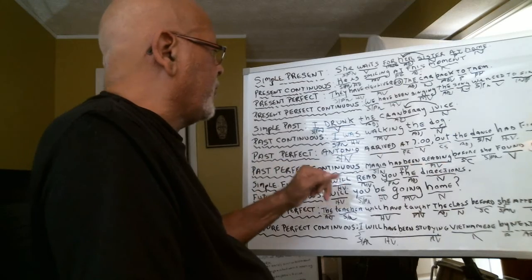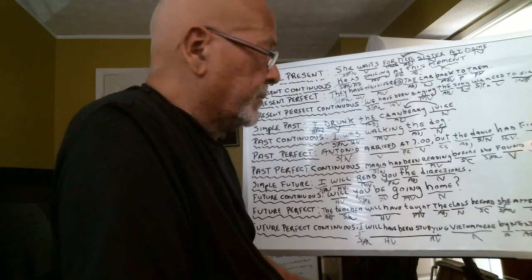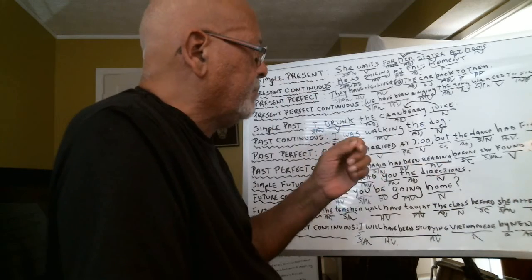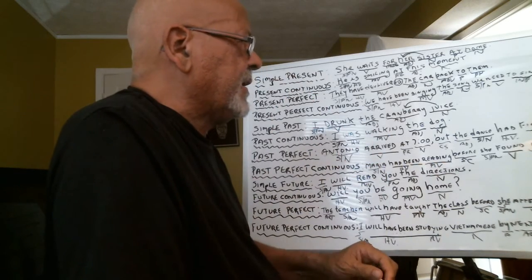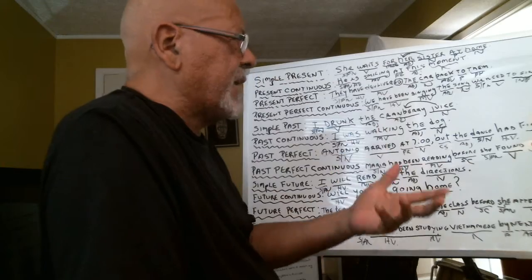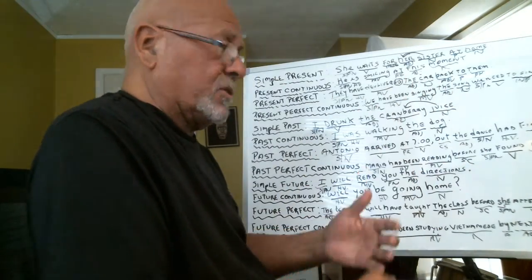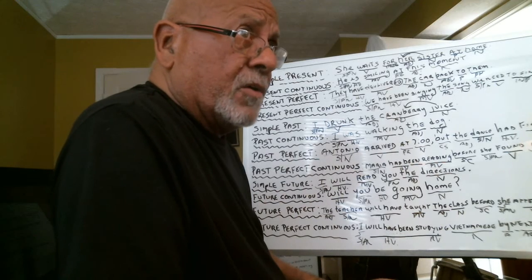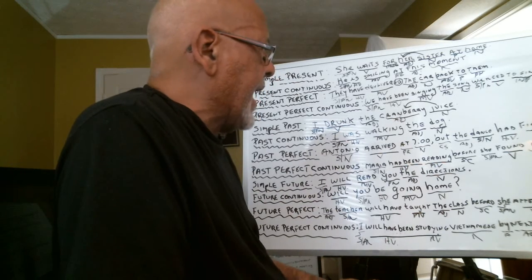The past perfect continuous. Maria had been reading before she found it. So again, we have two actions. The helping verb, had been.